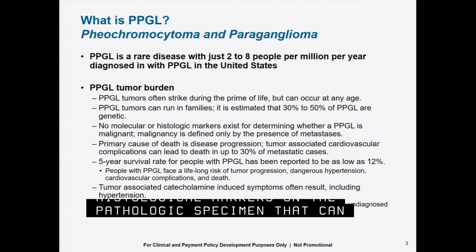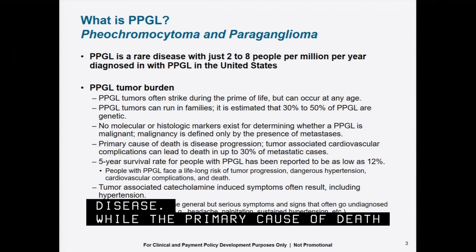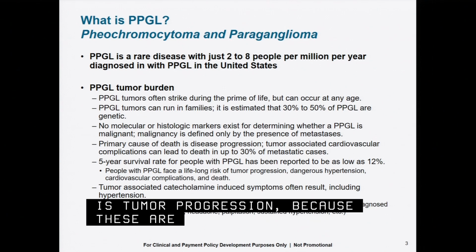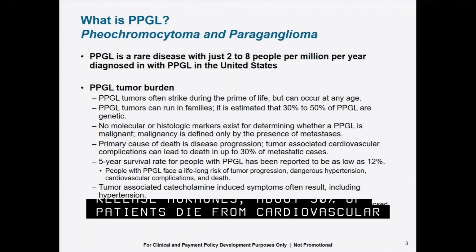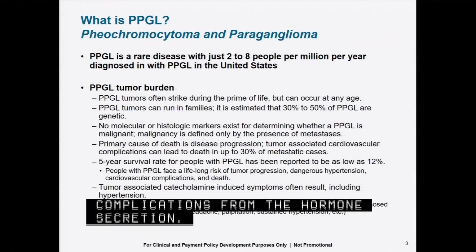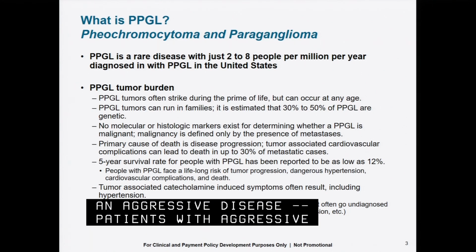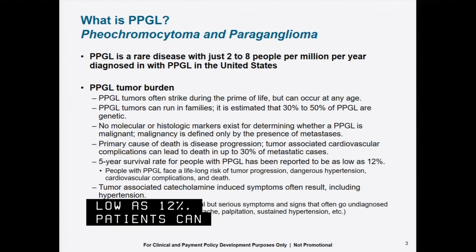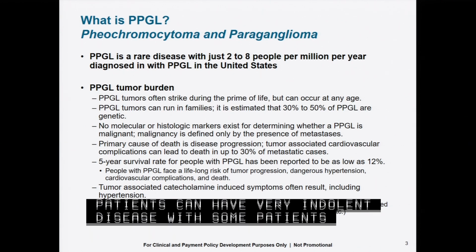While the primary cause of death in this disease is tumor progression, because these are endocrine cancers that often release hormones like epinephrine and norepinephrine, about 30% of patients actually die from cardiovascular complications from that hormone secretion. In patients with aggressive disease, 5-year survival is reported as low as 12%, but patients can also have very indolent disease, with some patients having undergone curative resection, presenting with and ultimately dying of advanced disease years or even decades after their initial surgery.